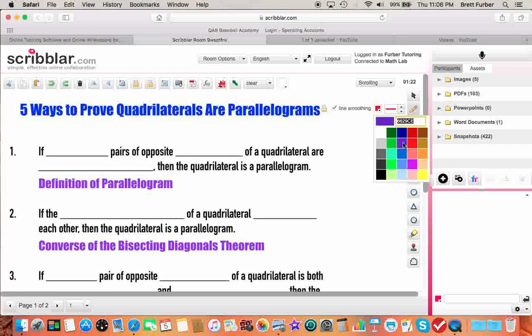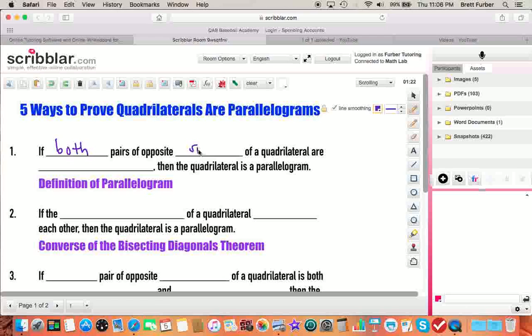Okay, so this one should read, if both pairs of opposite sides of a quadrilateral are parallel, then the quadrilateral is a parallelogram. And again, that's just related to the definition.